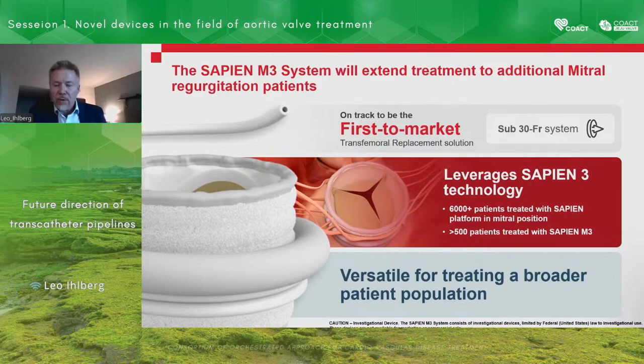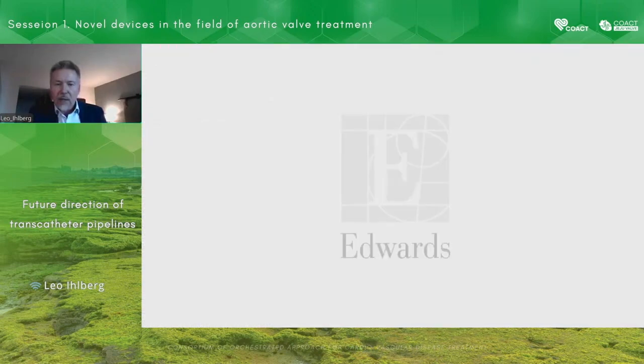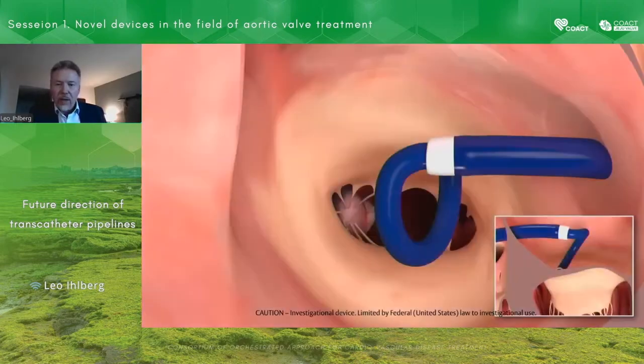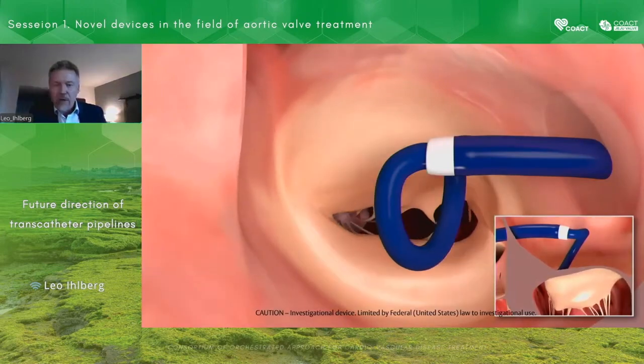It's a two-stage system having an outer dock that, as shown here in this animation, after transseptal puncture, will be delivered through a medial commissure to the subvalvular space.